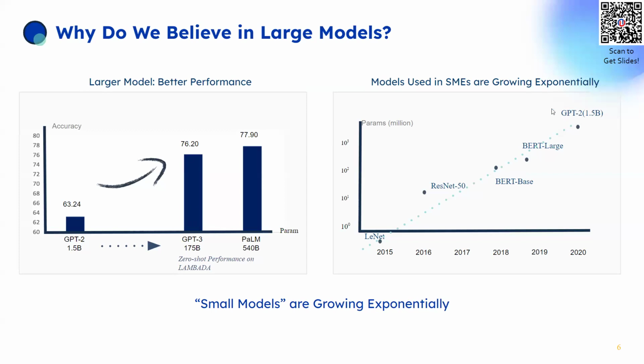Today, maybe the small model is just like Llama 7B. So today, even the small model has 7 billion parameters, which is roughly 20 or 30 times larger than the largest model in 2018. The largest model in 2018 was BERT, which has 300 million. So the definition of a small model is also becoming larger. Small models are also growing exponentially.